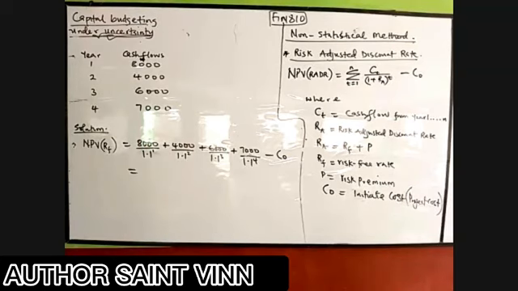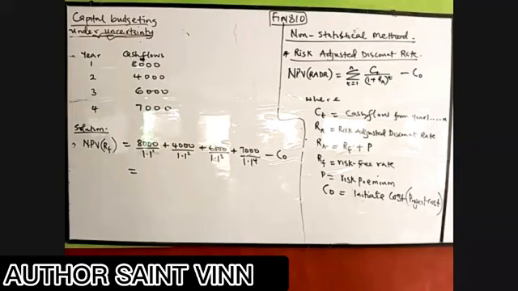Plus 4,000 over 1.1 raised to power 2, it's squared. If not, we will use this one. But this one, 1.1 raised to power 3, so press this and press.